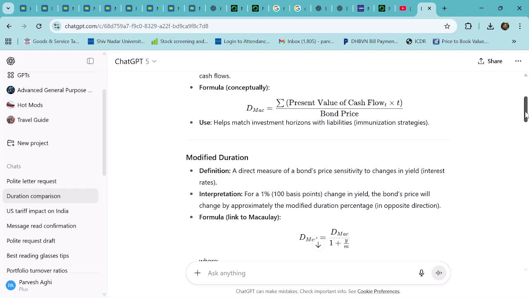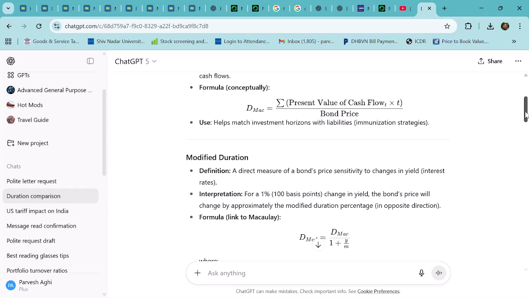Okay, now interpretation. Just read this. For a 1%, 100 basis points change in yield, the bond price will change by approximately the modified duration percentage in the opposite direction. So basically the modified duration will tell you exactly for 1% change how much percentage change will happen to the bond prices.